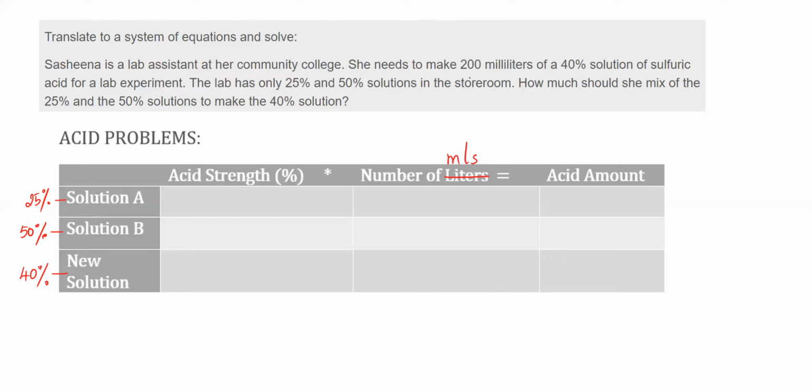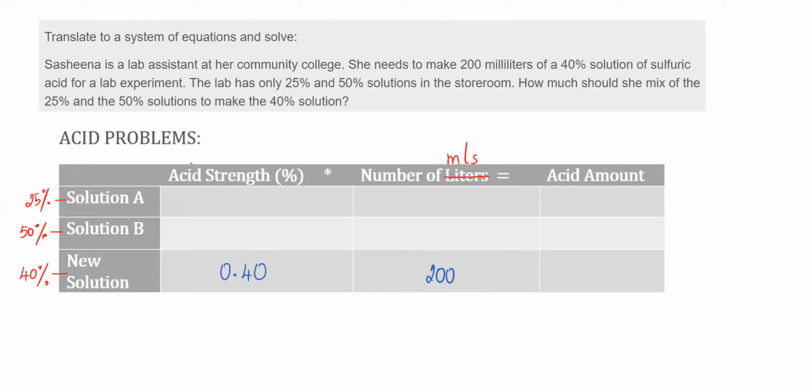She needs to make 200 milliliters. 200 milliliters is the total number of milliliters of the new solution. So let's write that as 200 here. And the solution strength for the new solution is 40%. So we write it as 0.40, right? 2 decimal places to the left. 0.40 is the same as 0.4, but just for clarity, let's write it like that.